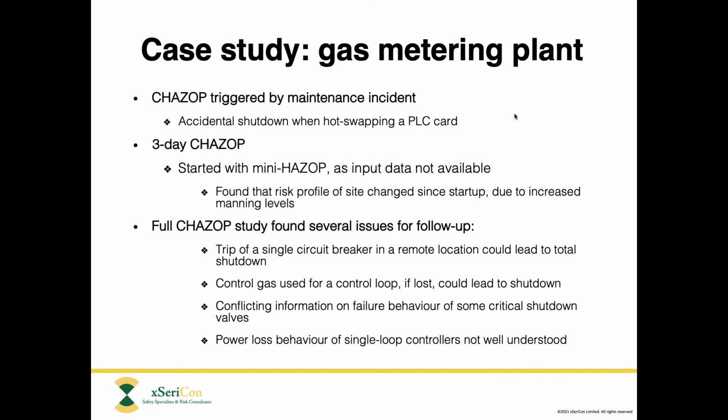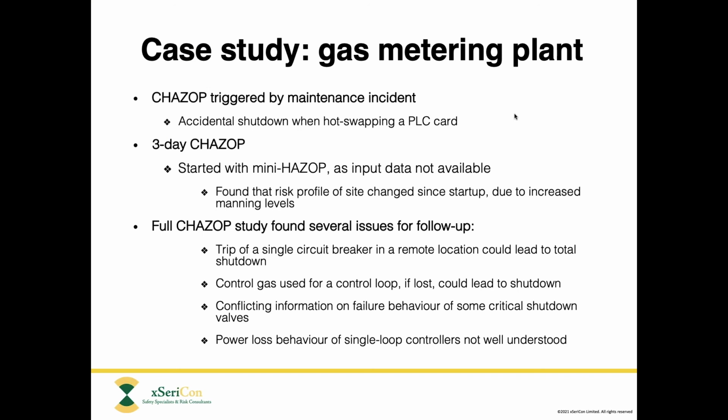So as a result, the safety consequences of potential hazards were higher than originally evaluated. So we actually had to back up and do quite a bit of reanalysis of their previous process hazard analysis. However, having done that, that then equipped us with the information we needed to go and do the full CHAZOP study.